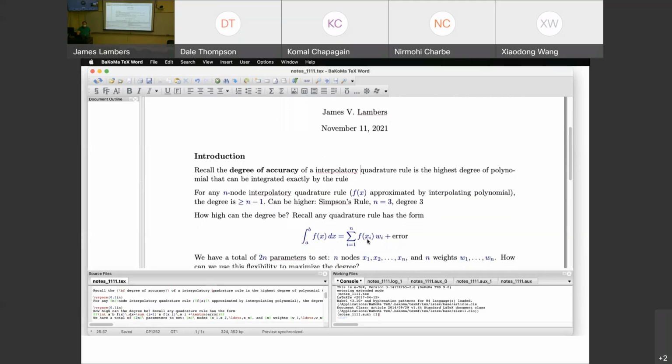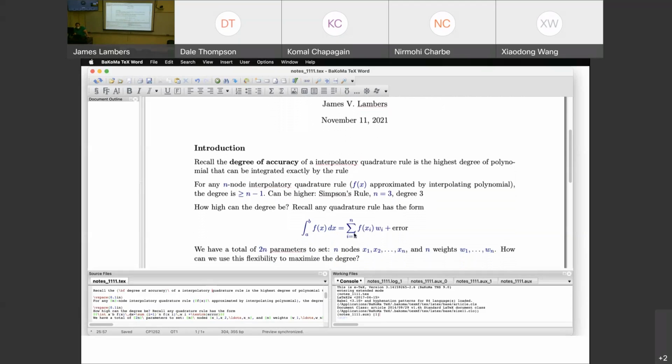We have n nodes and n weights. That suggests that it's possible to integrate polynomials of degree up to 2n minus 1 exactly, because a polynomial of degree 2n minus 1 has 2n coefficients.